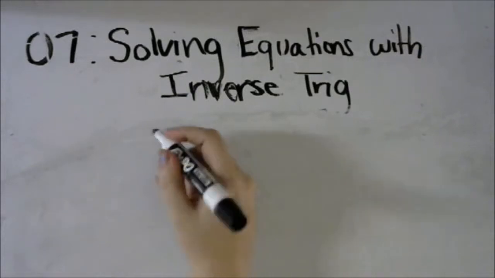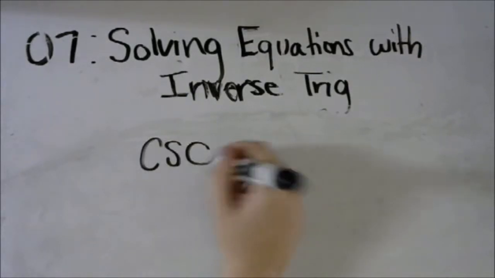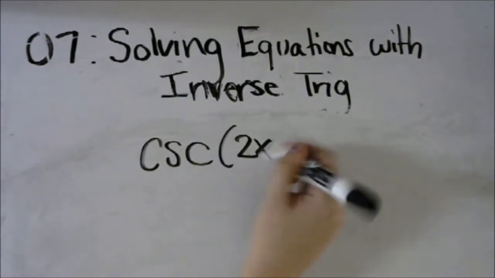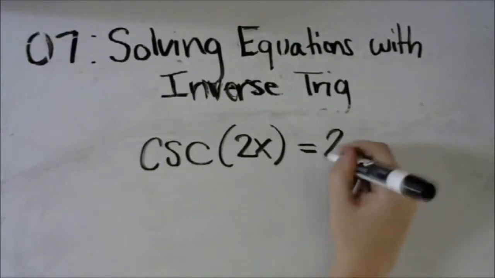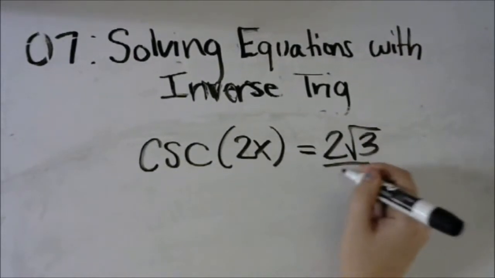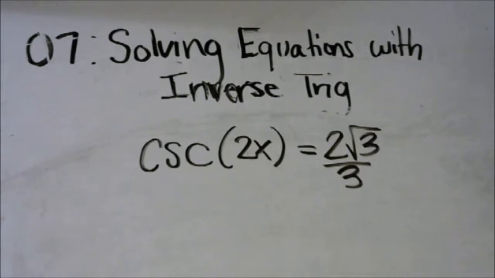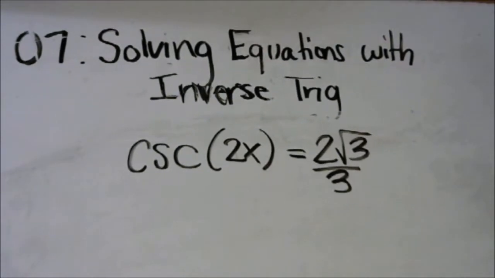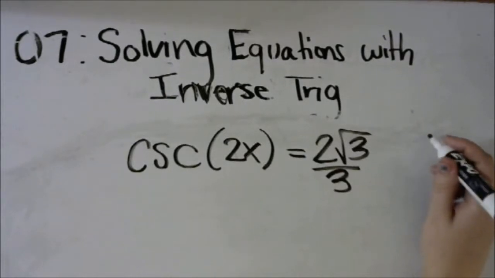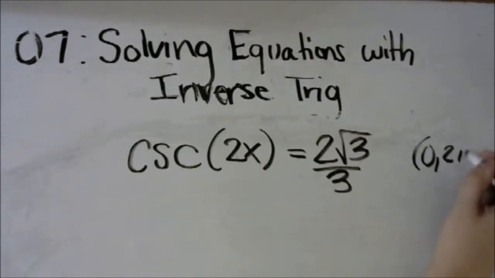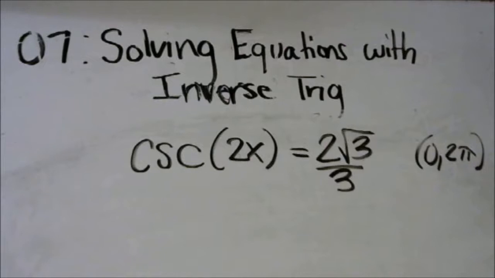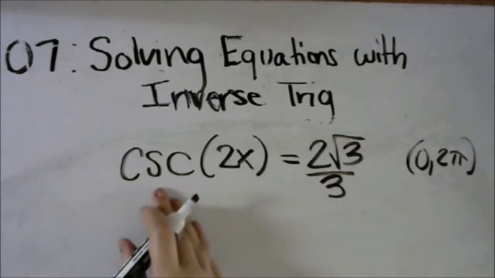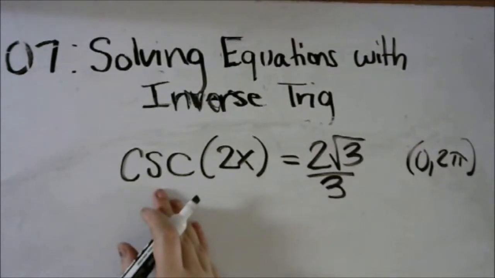For this example, we're going to go ahead and solve an equation involving a reciprocal identity and see how we can apply skills we've learned in the past to new types of problems. So we're going to solve cosecant of 2x is equal to 2 rad 3 over 3 for the interval 0 to 2 pi exclusive. Cosecant is the reciprocal function of sine.